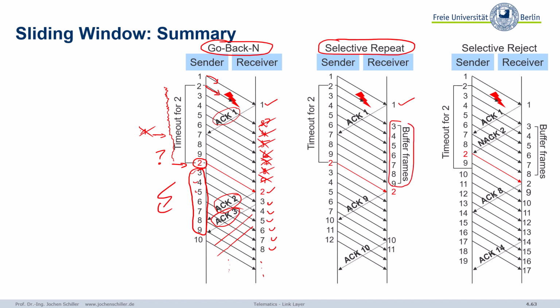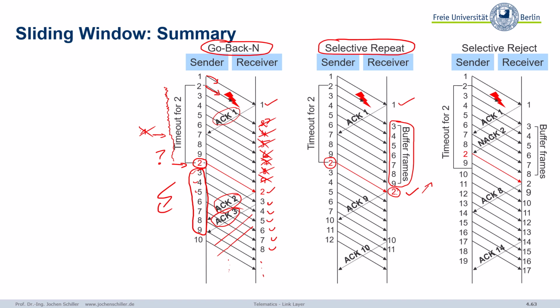We buffer them, so we do not drop them. Again, we have a timeout. We repeat the 2. And now what happens? Layer 2 on the receiver side waits until it gets the 2, then it delivers 2 to the higher layer.